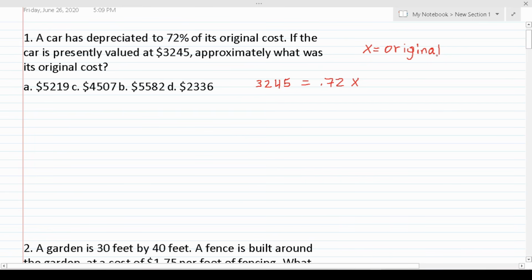And let me just write original cost. I'm running out of space there. X represents the original cost of the car.